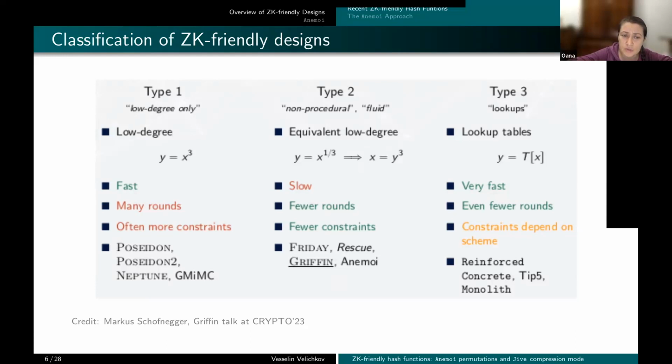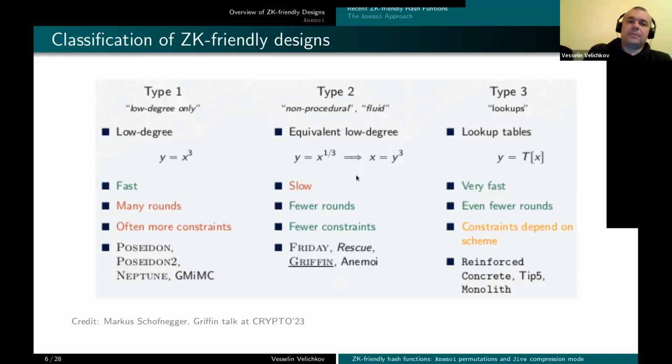Lots of terms of low degree. That's how come it's still fast. And for type 2, how come it's slow? Because it's like the same power that you had in type 1. Sorry if that makes sense.